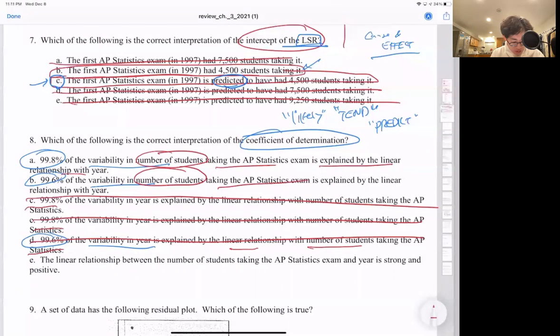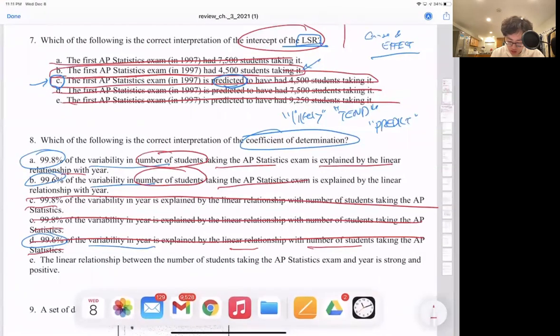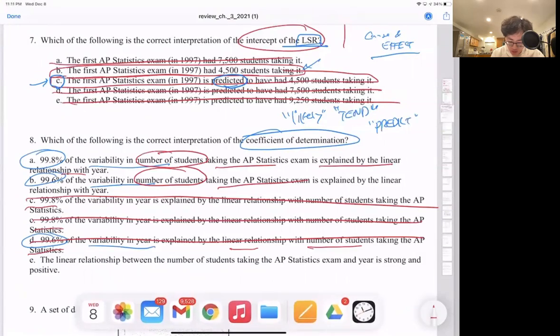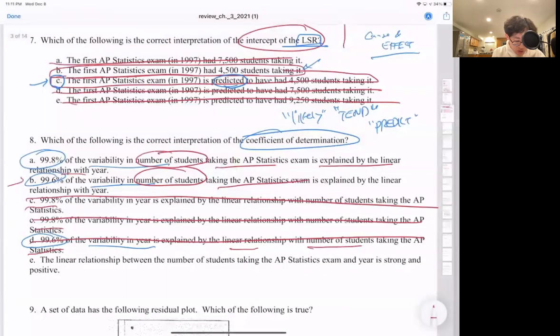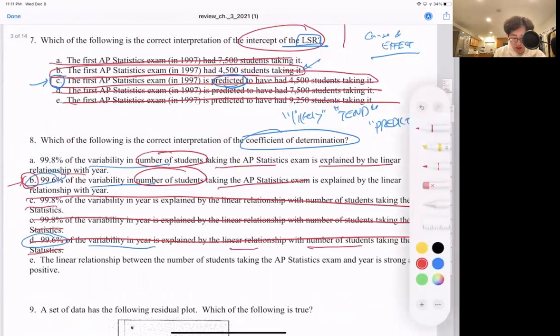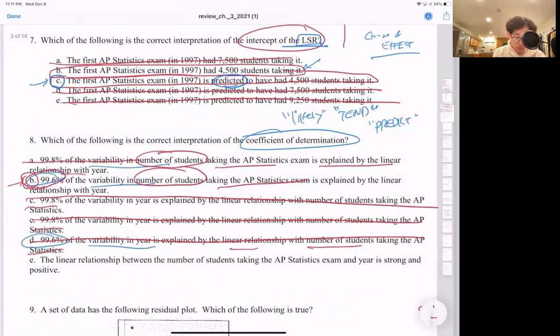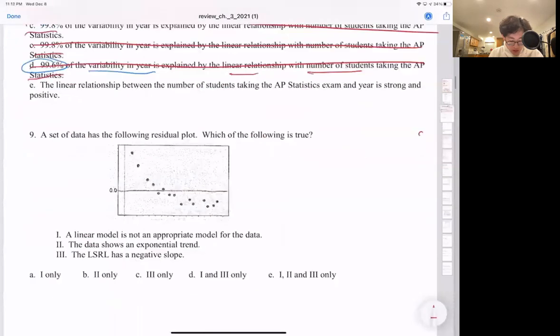Oh, wait a minute, what was the R squared value? No, I'm sorry, 99.6%. So the correct answer here should be B for number 8. Sorry about that. So 99.8% makes no sense, because that's not the value that I got. Very close, but 99.6 is the one we want to go for.